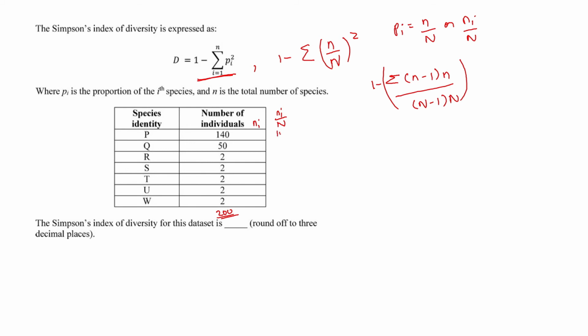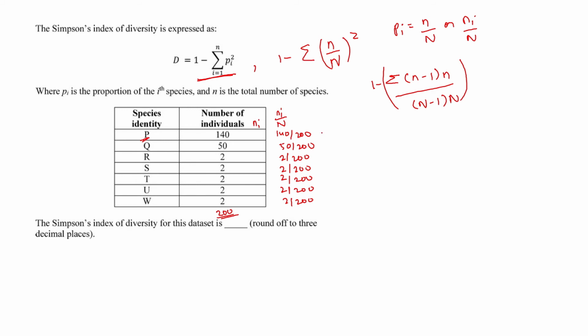So ni by n equals 140 by 200, 50 by 200, 2 by 200. Here you can actually see that one species is pretty dominant, other species are pretty rare. So the diversity index should come out pretty low, right? So you'll get an idea about that.